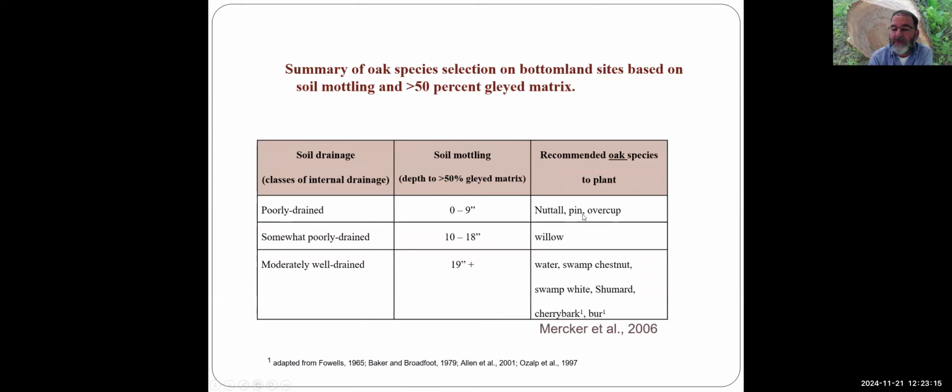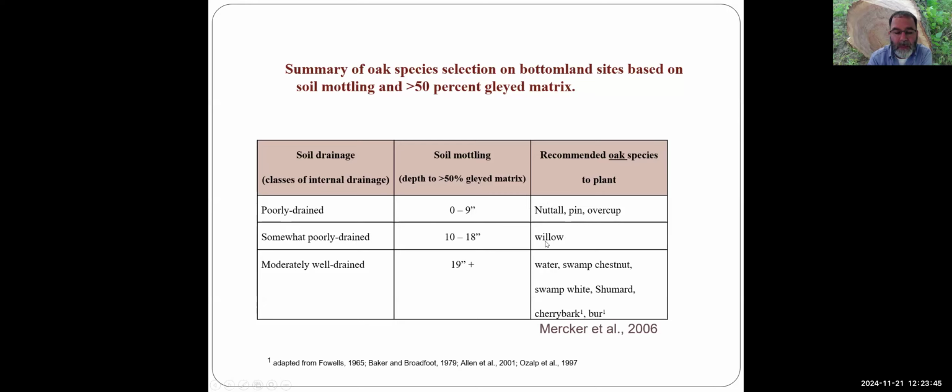And you'll see we had 3 species of oak that could tolerate that. We measured both height and diameter on this site. So none of those have real high value monetarily, maybe some good wildlife value. So then we drop down, and when this gleyed matrix reaches the 10 to 18 inch profile, we consider that somewhat poorly drained, and we could add into that willow oak. Now that's willow oak, not black willow as in Salix nigra.